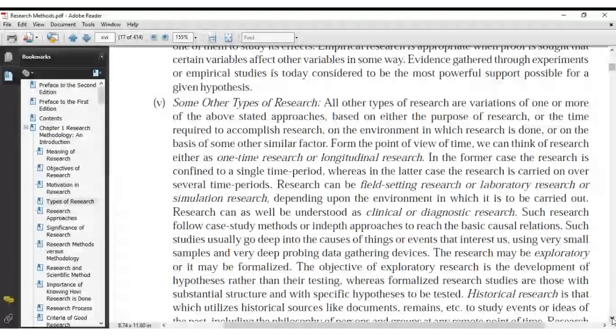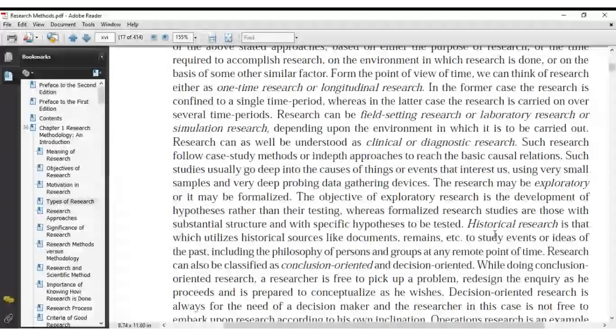Look at this. Historical research is that which utilizes historical sources like documents, remains, etc., to study events or ideas of the past, including the philosophy of persons and groups at any remote point of time.